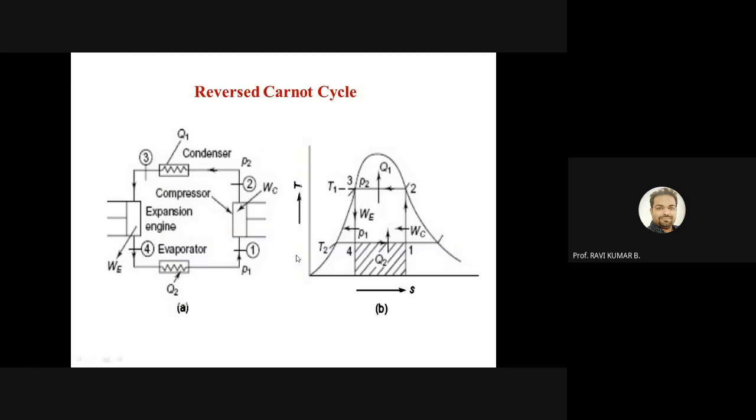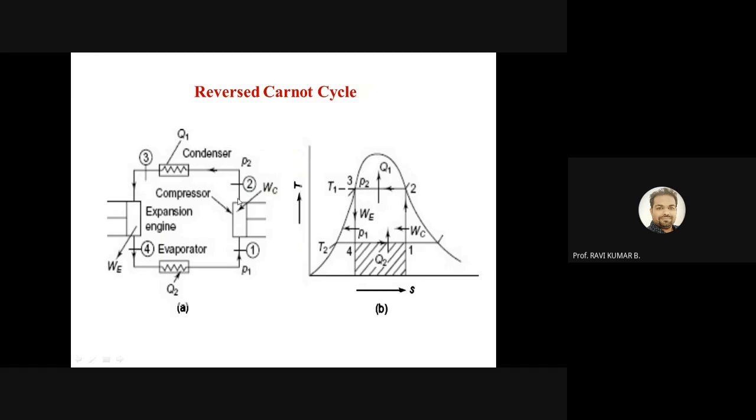So when we talk about the reversed Carnot cycle, it is something which operates in a reverse way compared to its earlier case. In the reverse Carnot cycle, if we look at the setup, one compressor is needed.